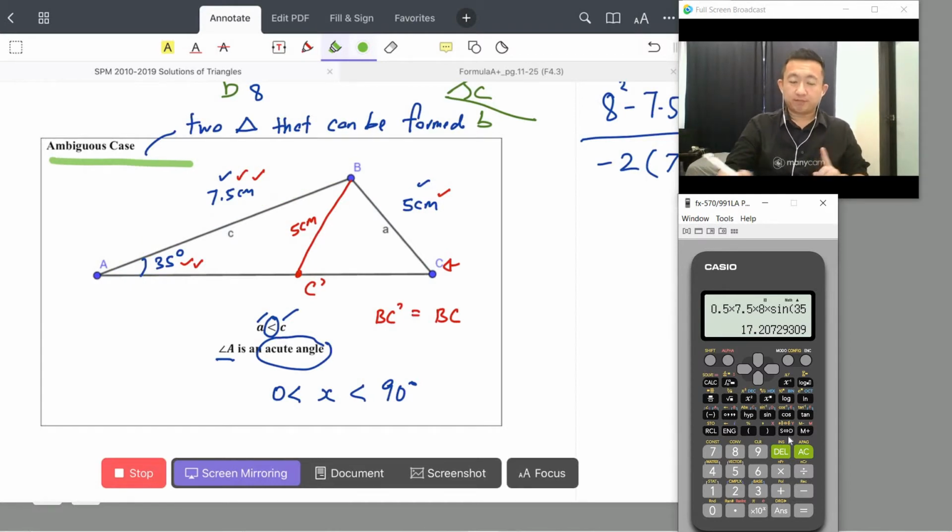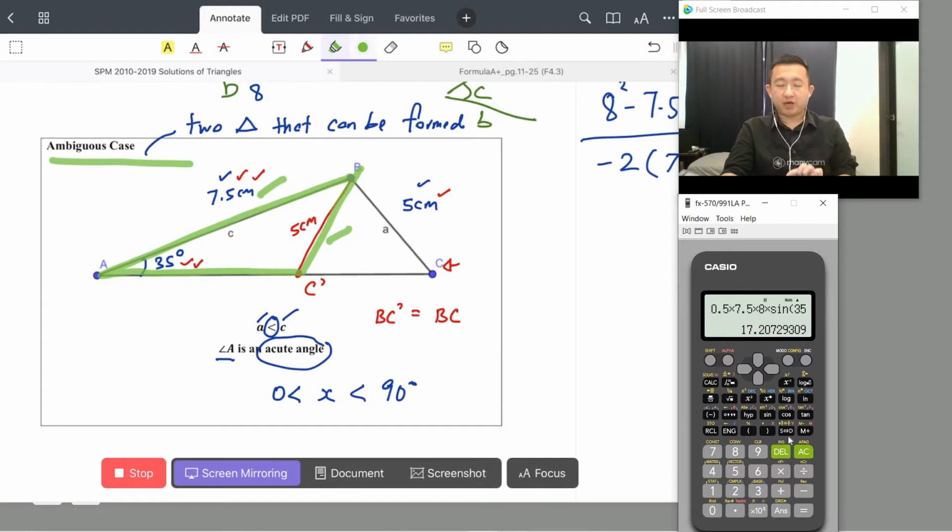The new triangle, you have BAC prime, and the shape is different, but the information is the same. 7.5 for AB, 5 cm for BC prime, and also angle A 35 degrees. It's just that it's a new triangle with a different shape, and you can have these two triangles formed in this context, and that would be the idea of the ambiguous case.